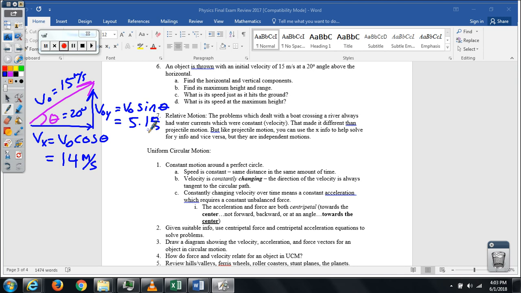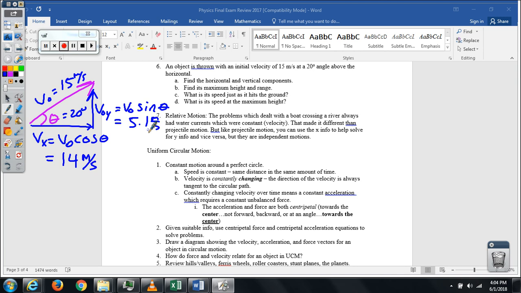So it's not even going to take a second for gravity to slow this object's upward motion. It only has 5.1 meters per second of speed upward, and in 1 second gravity can decelerate you 10 meters per second. So it's going to take less than a second for the object to slow down and get to its maximum height, and then it'll take the same amount of time to come back down.